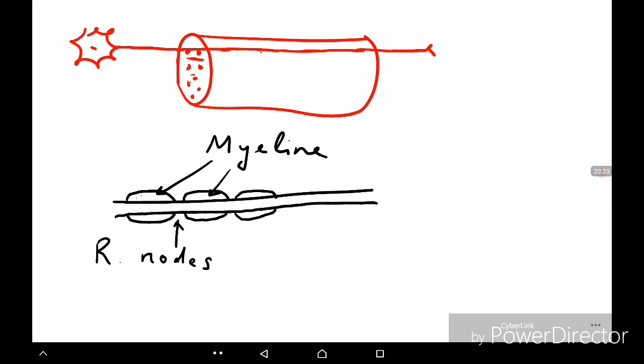Hydrophobic myelin repels the water and ions. Therefore, only in Ranvier nodes AP may be induced.